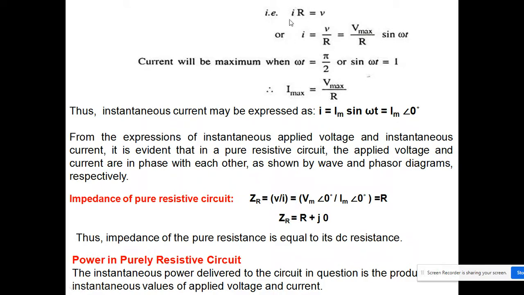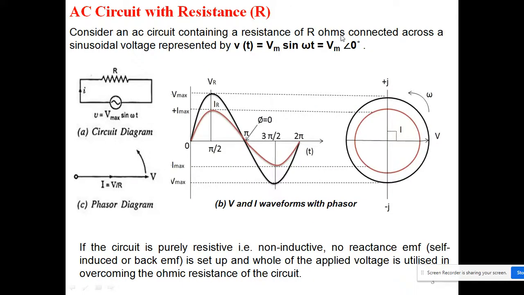Putting this in, you can calculate the value of I, and this is nothing but the maximum value of current. So I can write the instantaneous value of the current as I equal I max sine omega t, where I max is V max upon R. You can see the phase difference is 0 here.